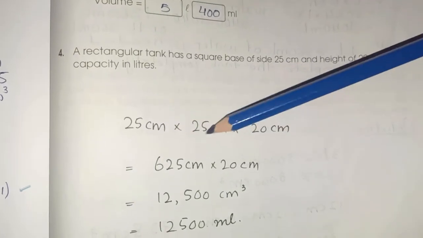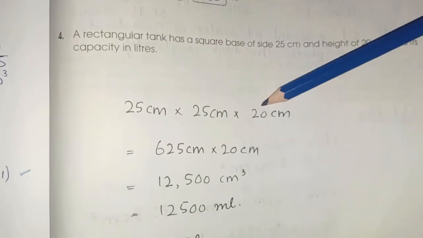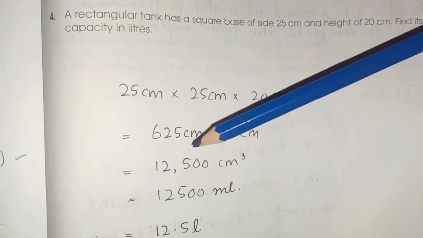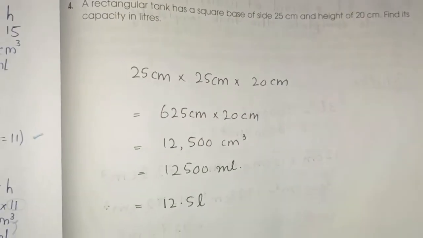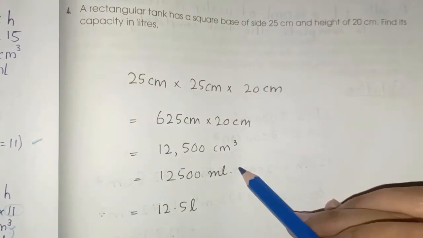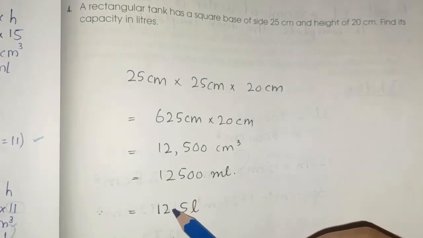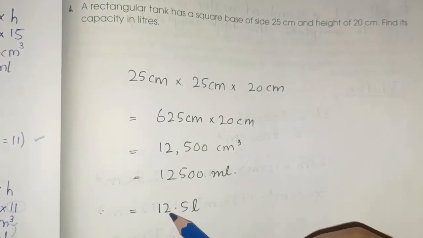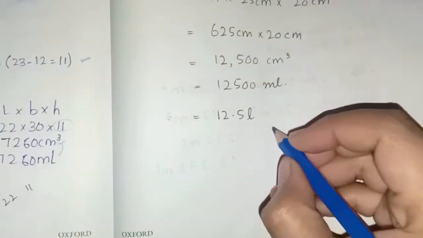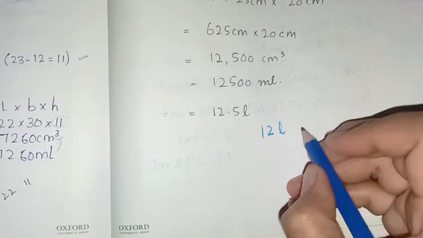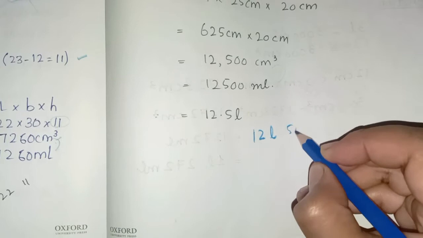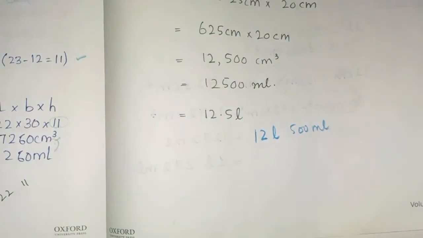So we have 25 and 25, 625 multiplied by 20, 12,500. Then we have to convert this centimeter into milliliter. So we have 12.5, or we have 12 liter and 500 milliliter.